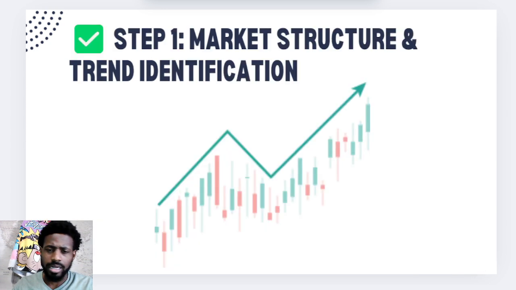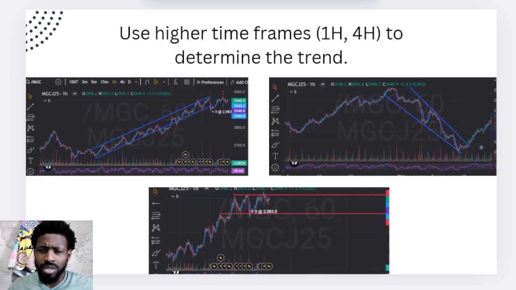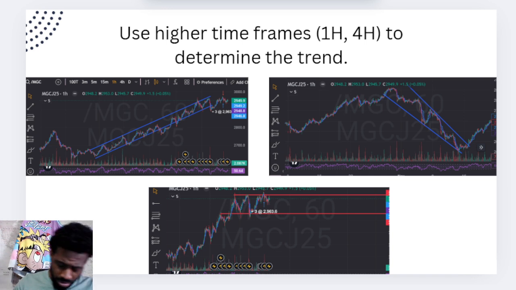The next slide, step one, is market structure and trend identification. Use a higher time frame like 1 hour or 4 hour to determine the trend. I don't do this very often, and a lot of people don't, which is okay, but it does help to see where the market is moving.